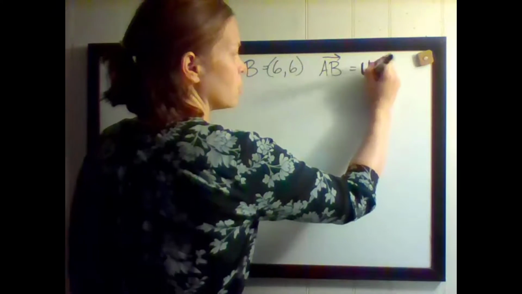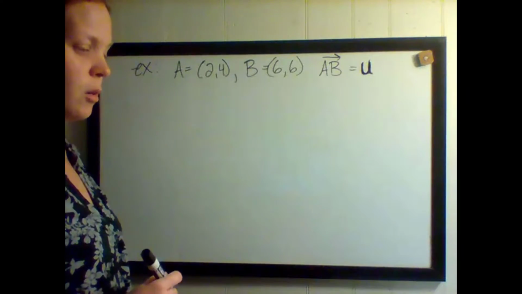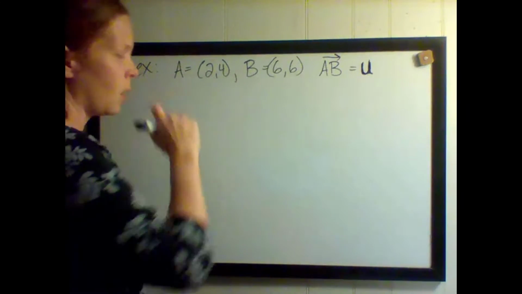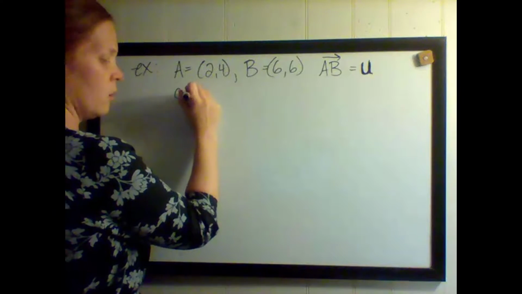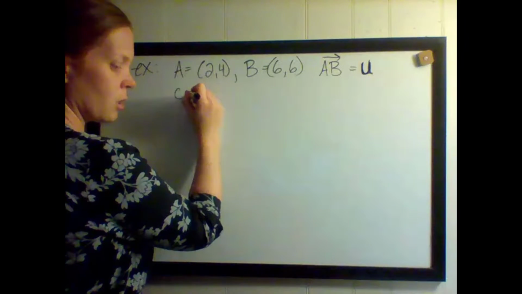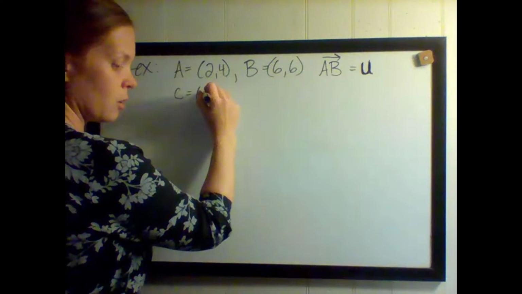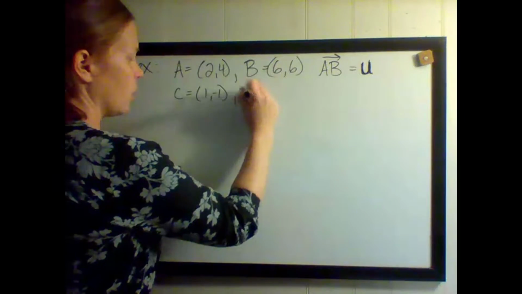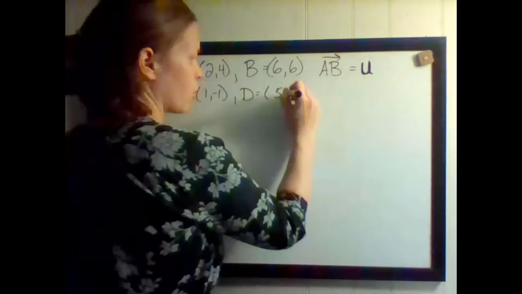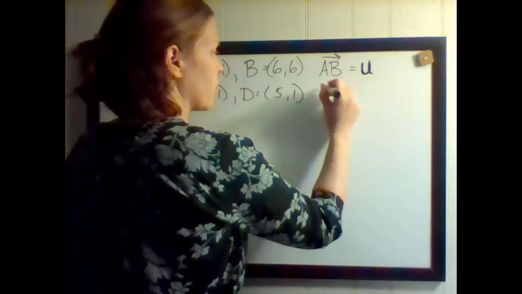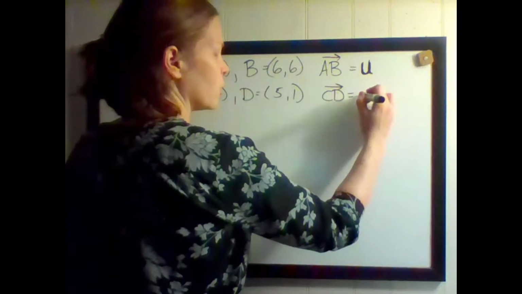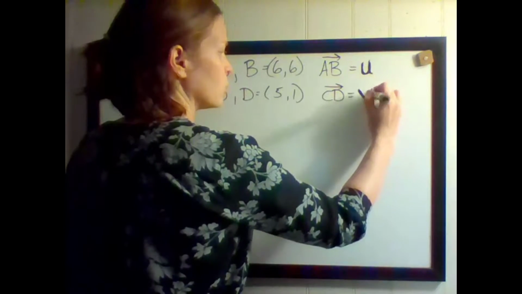So a bolded U is that first vector. For my next one, I have a different vector. C starts at point (1, -1) and D ends at point (5, 1). So we have vector CD, which we'll note with a bolded V.